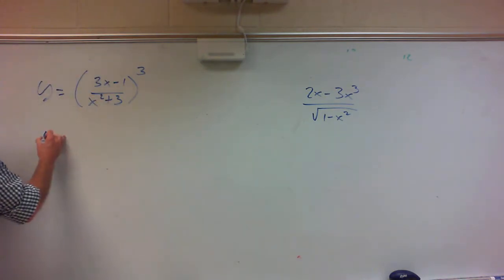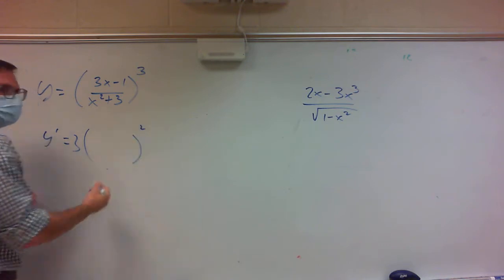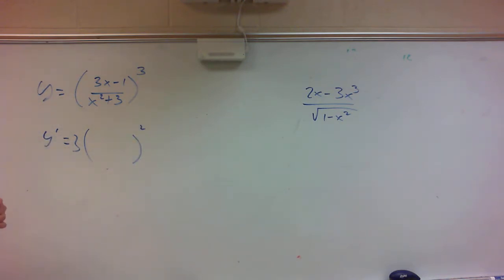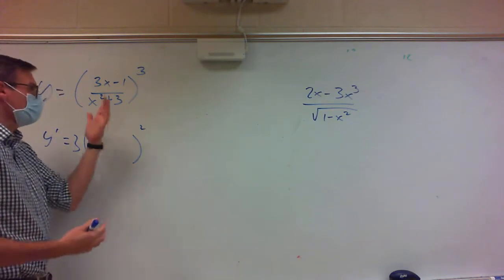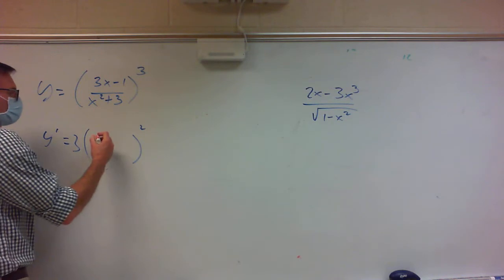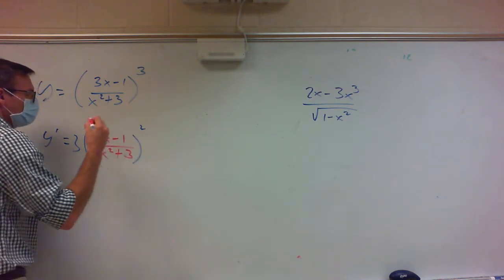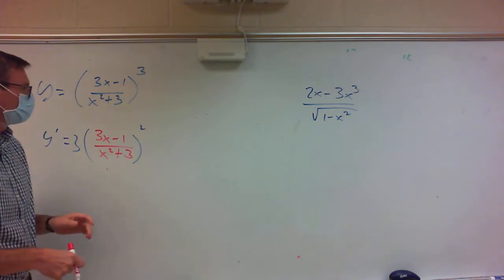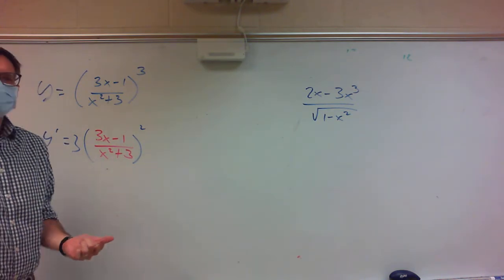Because when I write it down, it's going to be 3 stuff squared, isn't it? Anytime you say the word stuff, you get to say, okay, well, it's 3 stuff squared. Now I'm going to write down the stuff. It's going to give me 3x minus 1 over x squared plus 3. Now, here's the problem. I said the word stuff.